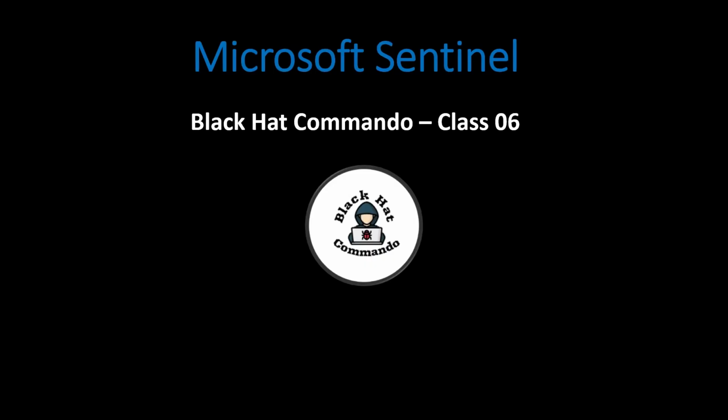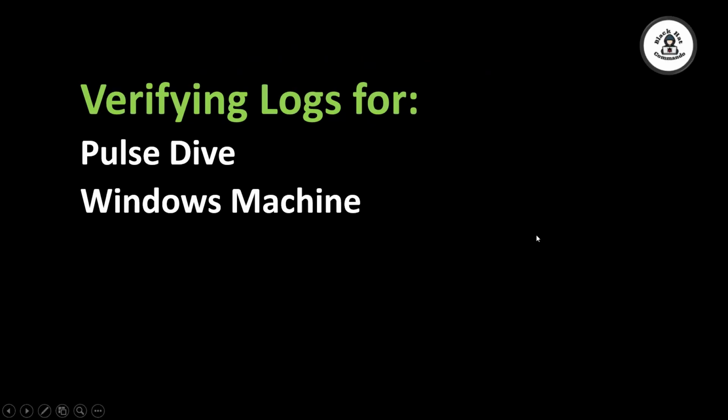So, in the last class, we connected two types of data into our Log Analytics workspace, Pulsedive and a Windows Virtual Machine, inside our Microsoft Sentinel logs. Today, we are going to verify those Pulsedive logs and Windows Virtual Machine logs in Microsoft Sentinel.